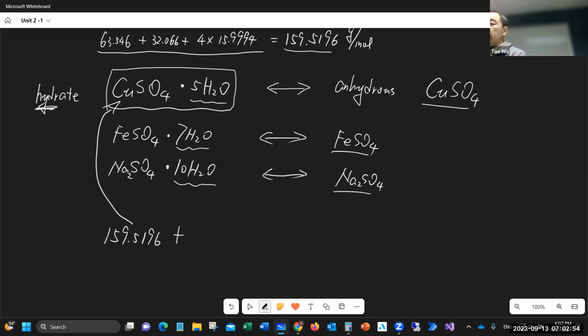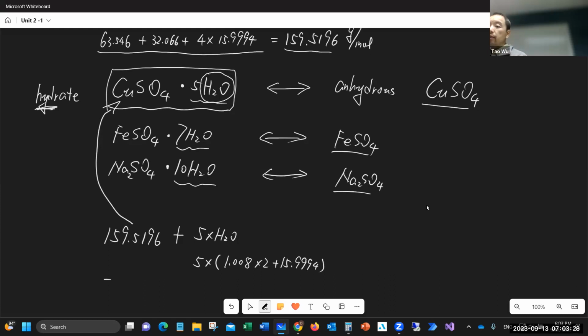Again, this is 5 times the water molecule, which means we have 5 water molecules there, not 5 of the hydrogen 2, only 1 oxygen. It's 5 of the whole thing. Okay, so 5 times this, which means 5 times hydrogen 1.008 times 2 plus oxygen 15.9994. Do you understand what I'm talking about?